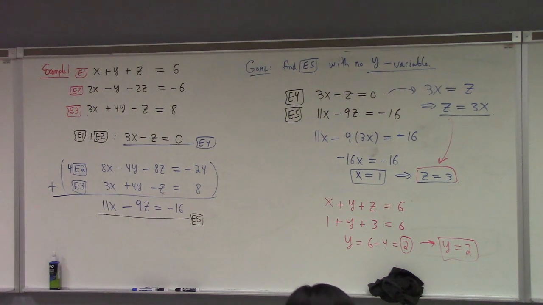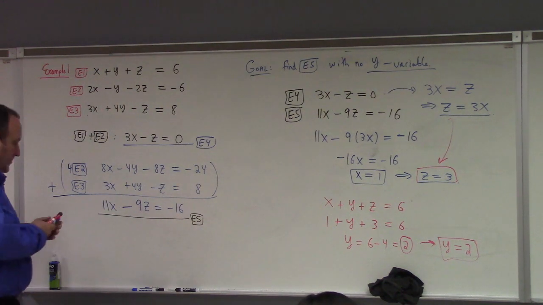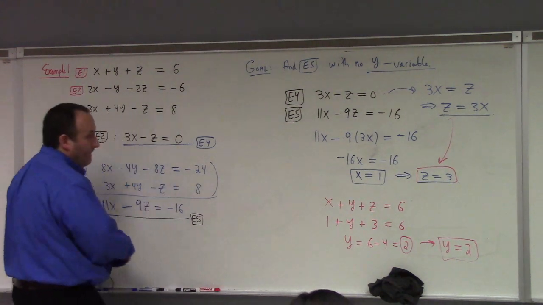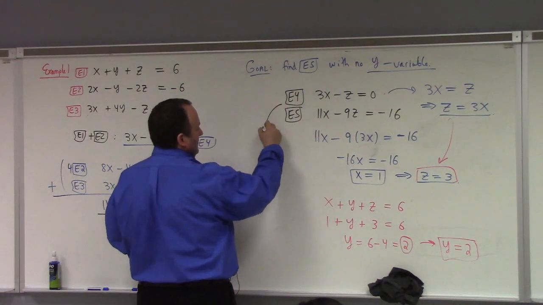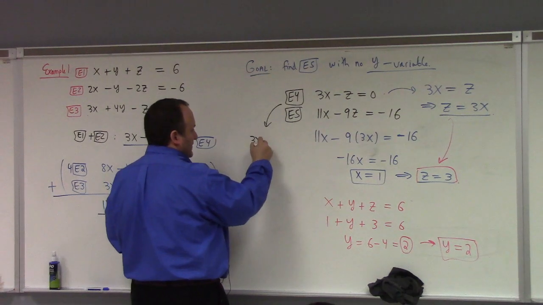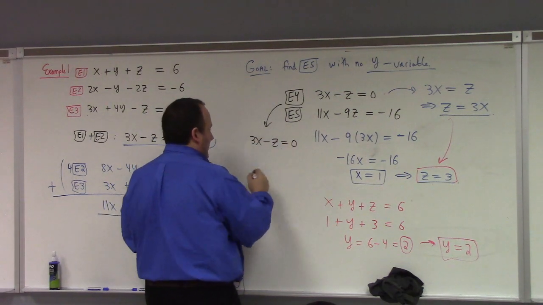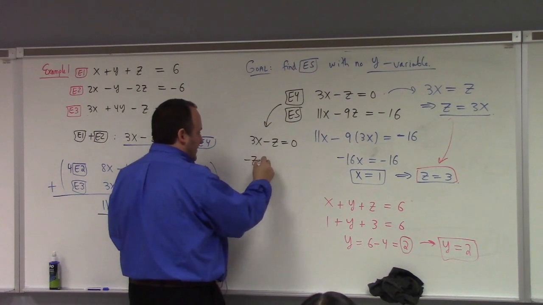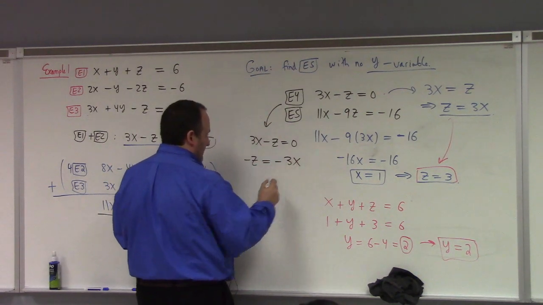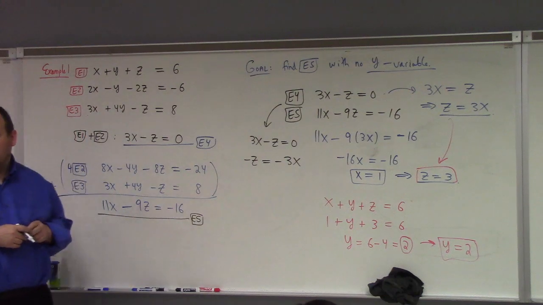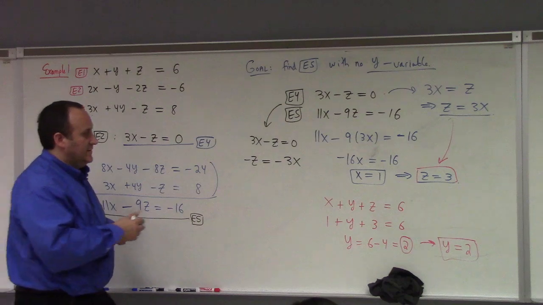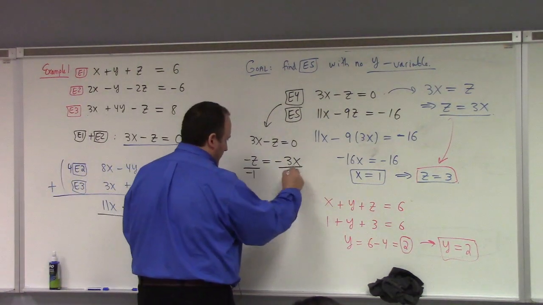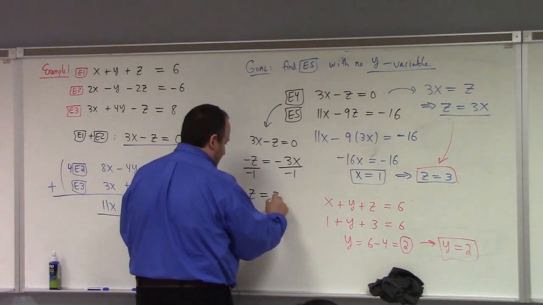Any questions? Yeah. So what she was saying over there was that if you had 3x minus z equals 0, then you could say minus z equals minus 3x, but then we'd have to divide both sides by minus 1, and we get z equals 3x.